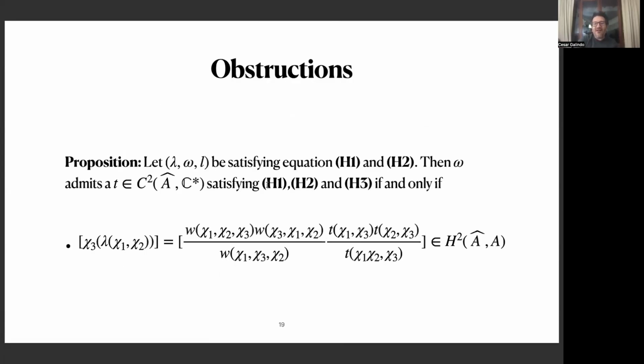And then if you have something that satisfies the equations H1 and H2, then we would like to know if there is something that satisfies H3, and this is again just to check that some cohomology, in this case on H upper 2 with coefficients in this other group, are equal.